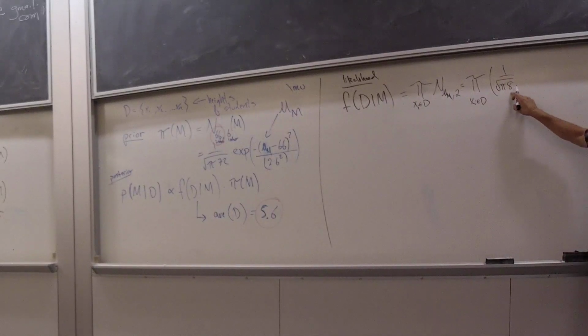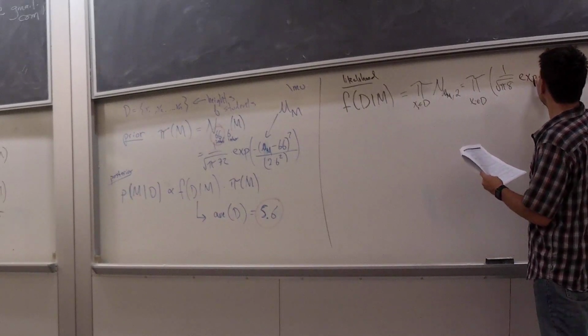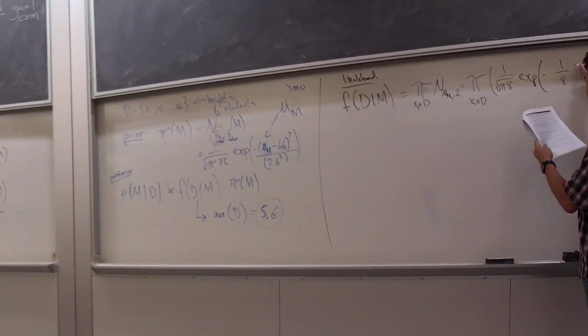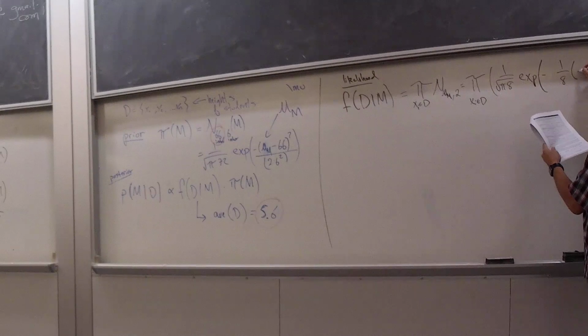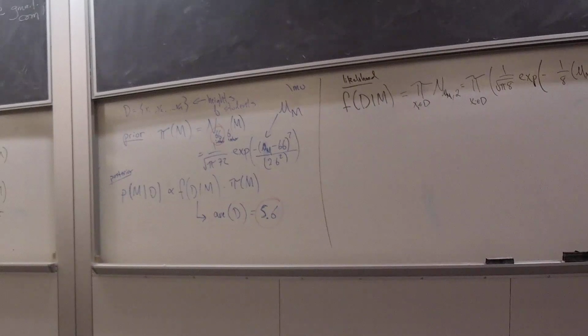The 8 now comes from 2 squared, which is 4, times 2. That's why I get the 8. Times e to the minus 1 over 8, (mu of m minus xi) squared. So if I assume Gaussian noise with a standard deviation of 2 for each of the readings, this is what I get.